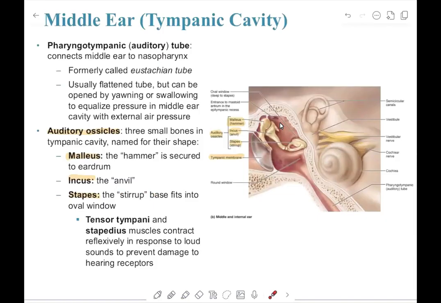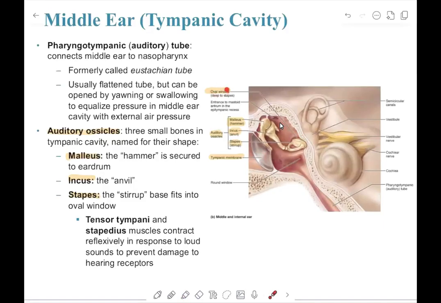And kind of the end of the middle ear cavity, the tympanic cavity, is another membrane, which is deep to the stapes. And that membrane is called the oval window. So it's kind of like the tympanic membrane, but just much smaller.